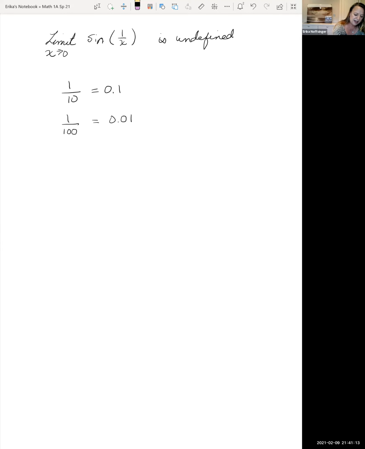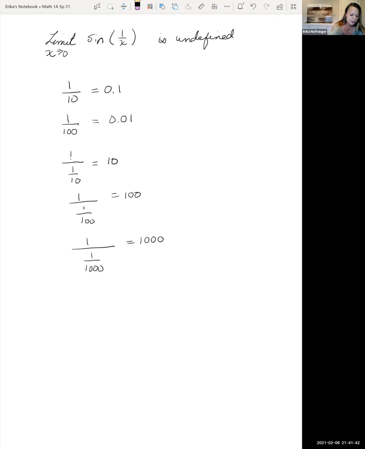Because 1 over 1/10 is 10, or 1 over 1/100th is equal to 100, or 1 over 1/1,000th would equal 1,000. And so as our value of x goes to 0, this is really sine of something going to infinity.